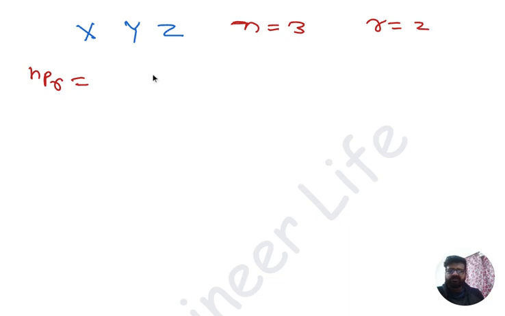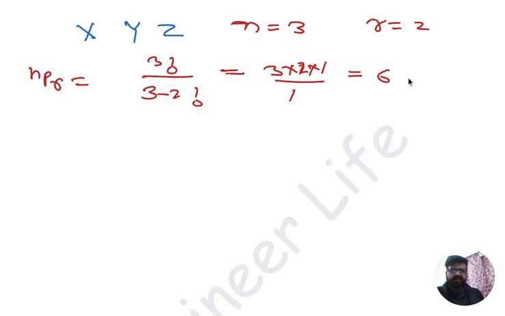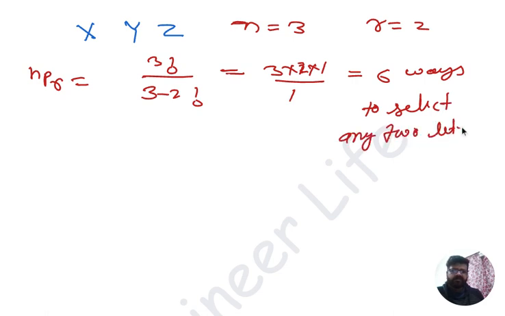So I will write factorial 3 divided by 3 minus 2 factorial. So the value will be 3 into 2 into 1 divided by 1. So the answer is 6. So there are 6 ways to select any 2 letters.